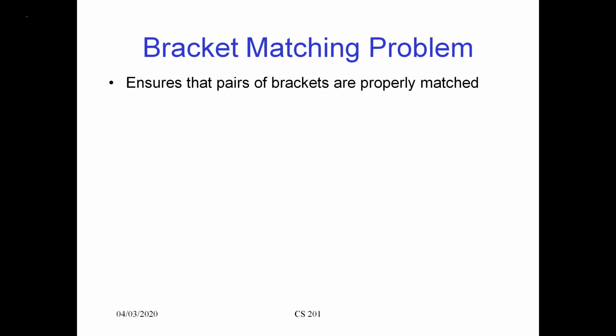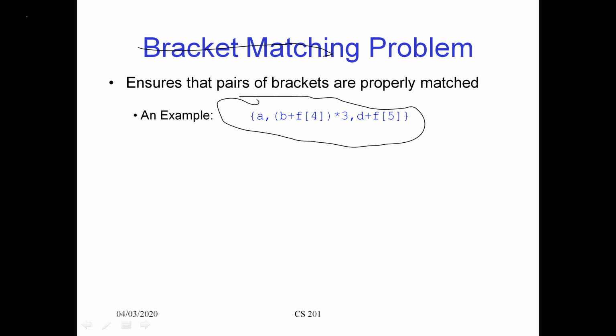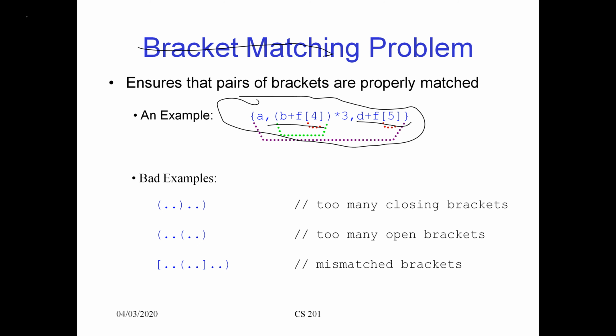Bracket matching is another problem, basically about a pair of brackets. You want to understand whether the brackets are complete or not. For example, you are writing an expression, and look at these expressions here. You can see clearly that there are bracketed terms, and you want to understand whether the brackets are complete. Here the different brackets are connected properly.